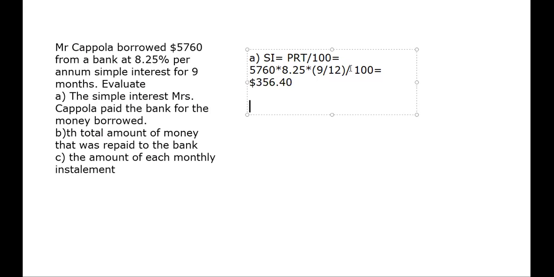Nice. So part B, the total amount of money that was repaid to the bank. So it's the same format again.